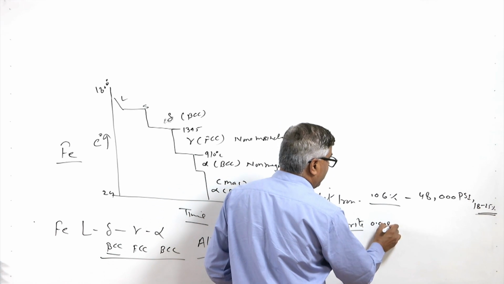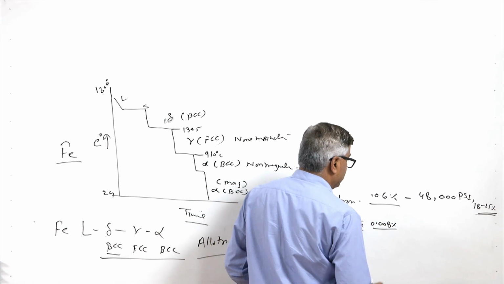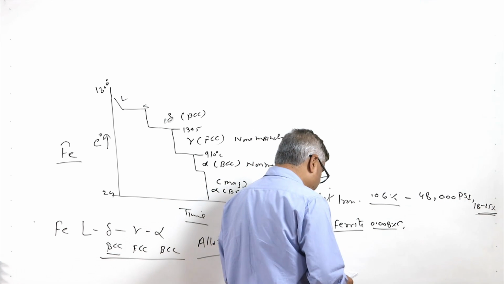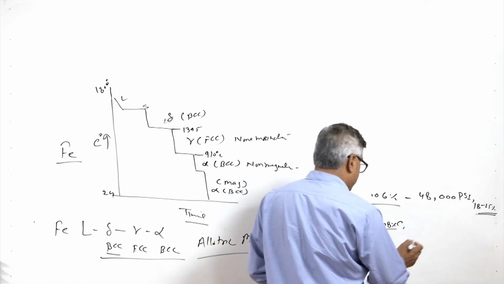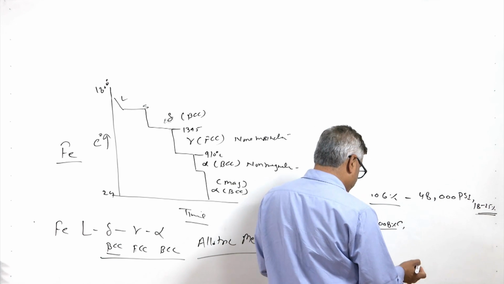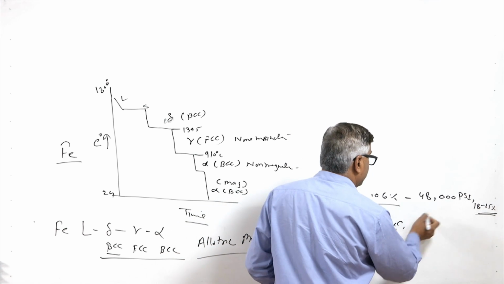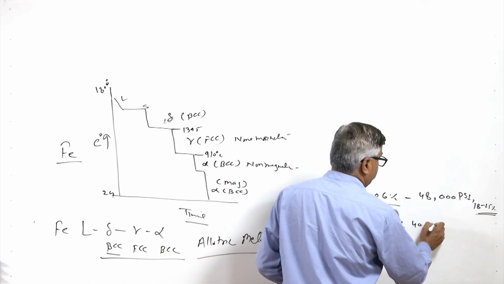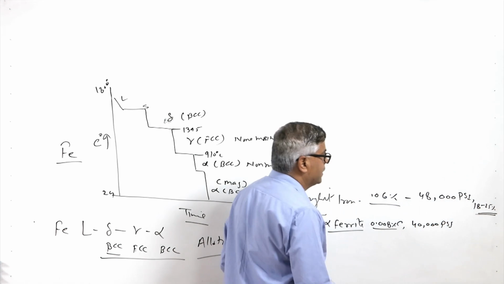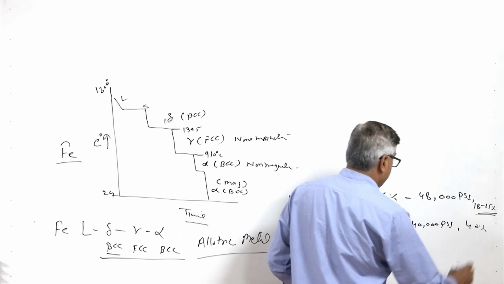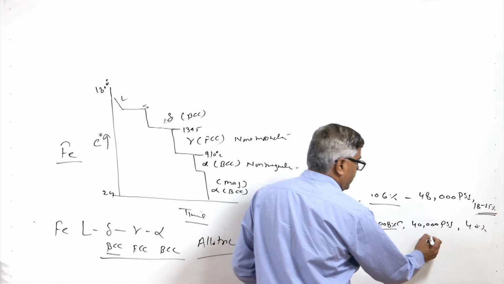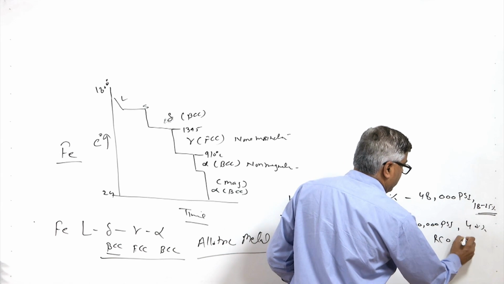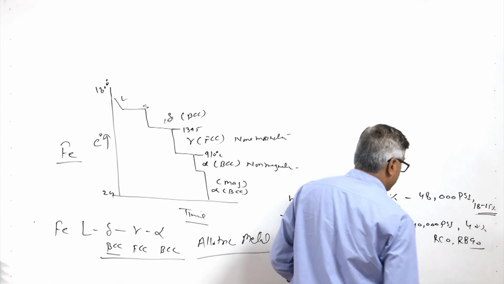At room temperature it can have a maximum of 0.08% carbon, but it offers very high ductility, about 40%. So let's take the strength first: strength is 40,000 psi and the ductility is around 40%. Hardness is low, either RC or RB, Rockwell Brinell hardness is 90 or 95.